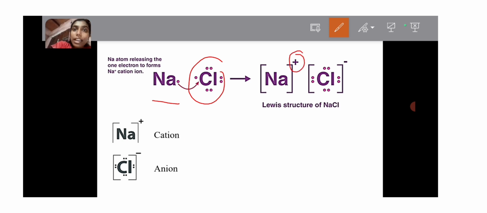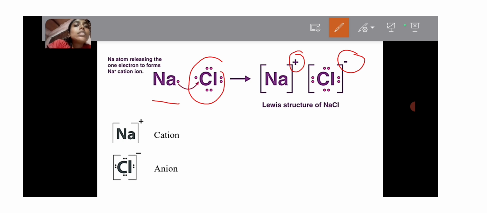In case of chlorine, the chlorine gains 1 electron, so the outermost configuration of chlorine becomes 8, and as it accepts 1 electron, a negative charge is represented there. So as sodium loses 1 electron it becomes a sodium ion, and the chlorine atom gains 1 electron, attains a negative charge and becomes a chloride ion.